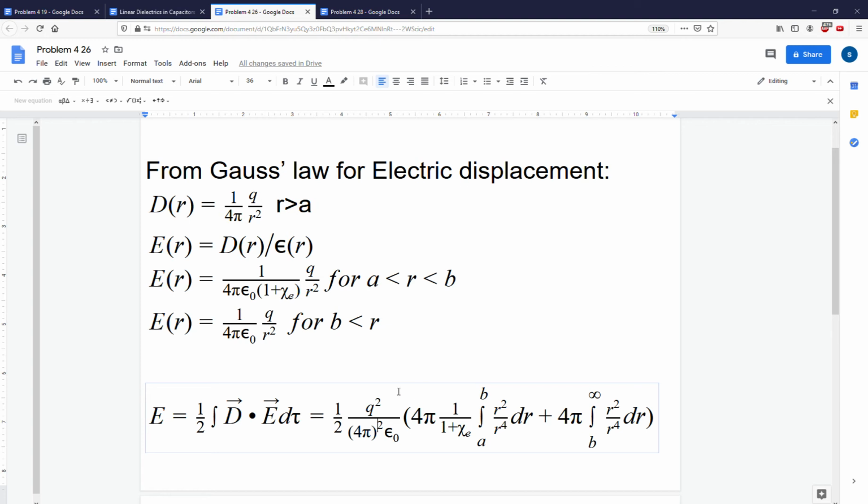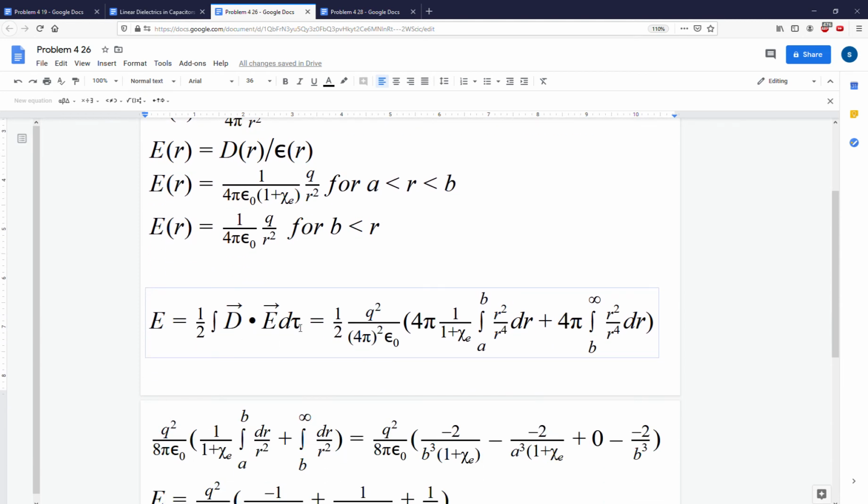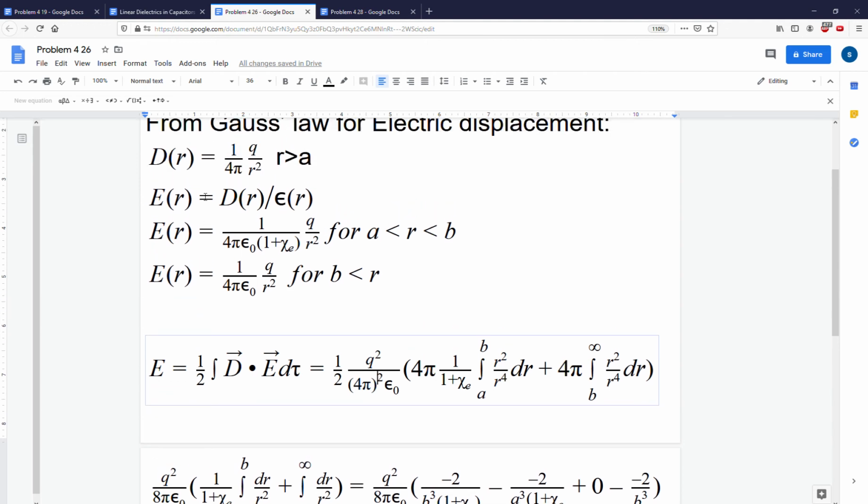Now within the integral, because we are dealing with a spherically symmetric situation, I have reduced d tau to 4 pi r squared dr. And I've pulled the 4 pi out of each of these integrals. And I've left the r squared there. In addition, this inner portion of the electric field has the 1/1 plus chi e, so I've left that there. Finally, both E and D have a 1/r dependence, so D dot E should be 1/r to the 4th power. That's these terms.